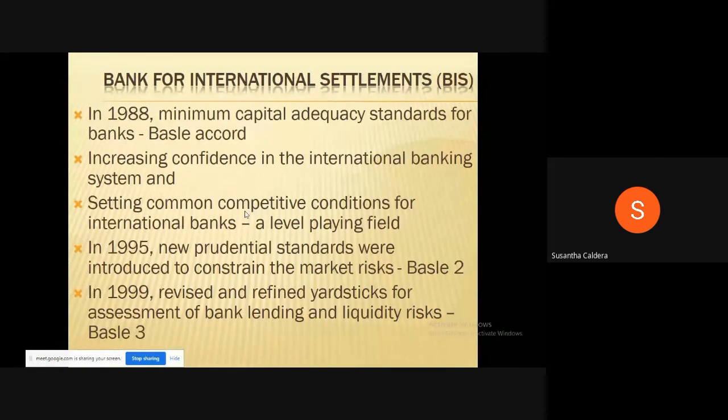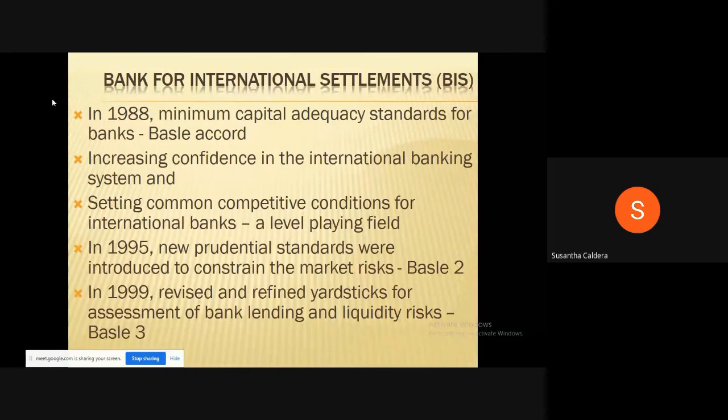In 1988, the minimum capital adequacy standard for banks, the Basel Accord, was introduced, right? Then, increasing confidence in the international banking system. A lot of banks started collapsing because of the lack of capital adequacy.